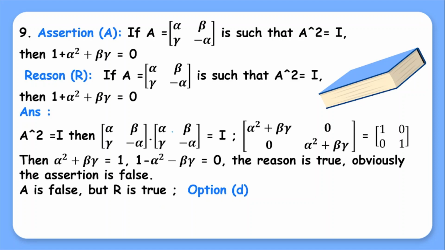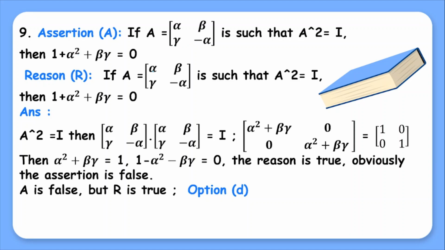Question 9. Assertion: if A equal to [alpha, beta; gamma, minus alpha], a 2 by 2 matrix such that A square equal to I, then 1 plus alpha square plus beta gamma equal to 0. When do you get such a statement? If you find the determinant value of this matrix only, you will get such a statement.